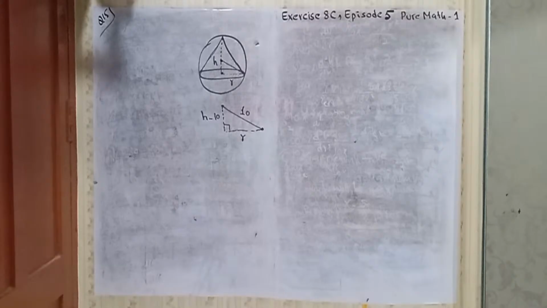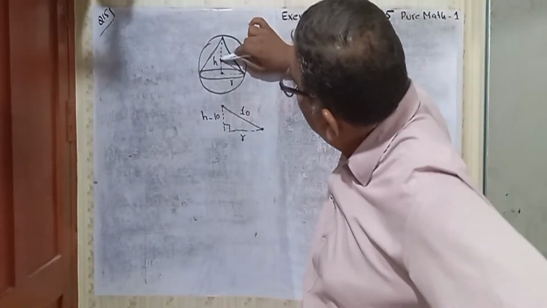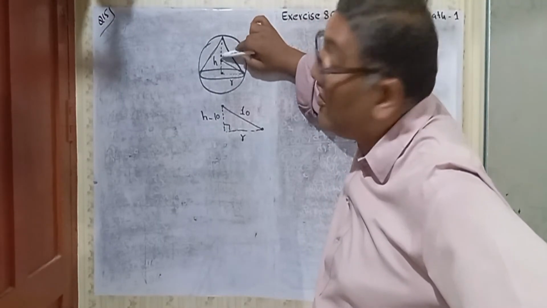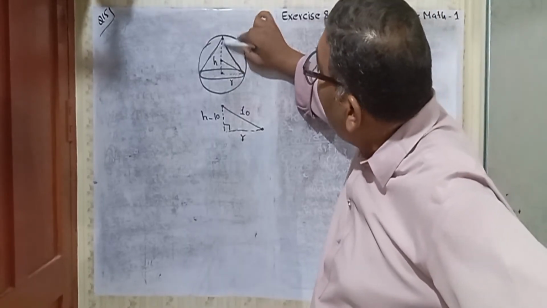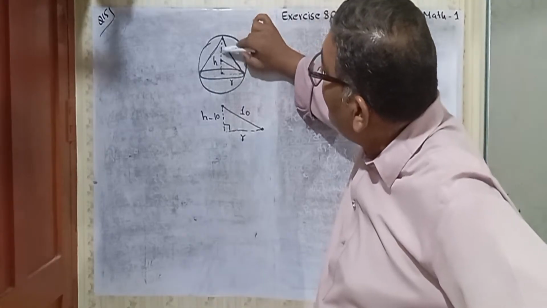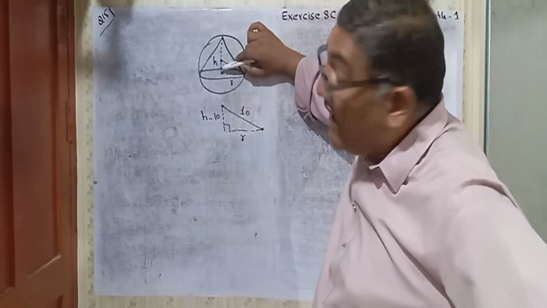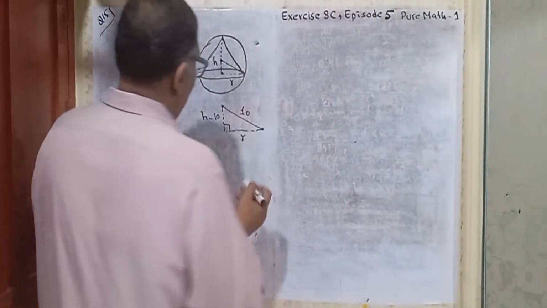The radius of the sphere and the radius of the cone are different. This is 10, and this whole thing is h. If this is 10, then this portion will be h minus 10. Apply Pythagoras here.